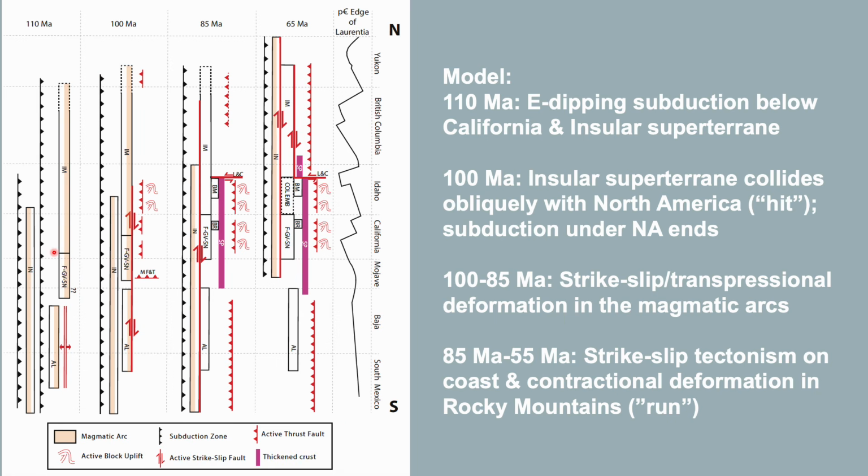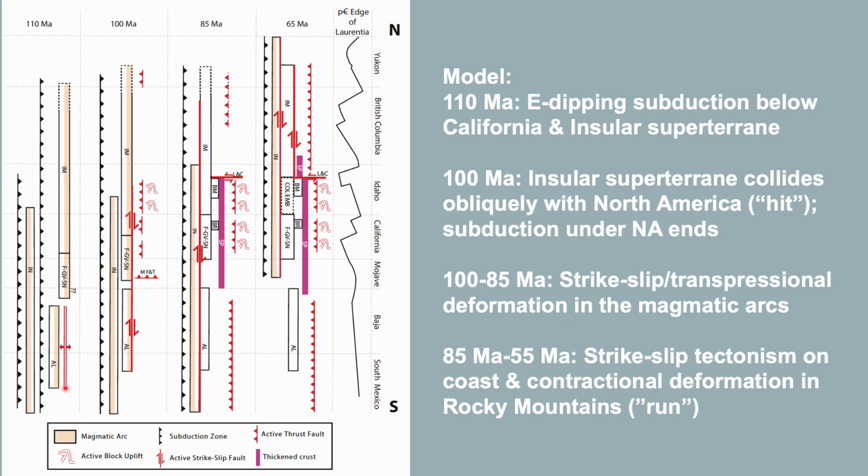This somewhat busy diagram is trying to show four different steps. 110, which is pre-collision, and so you have the insular terrane offboard, and this other, what looks like a thrust fault, which is a subduction zone offshore North America.